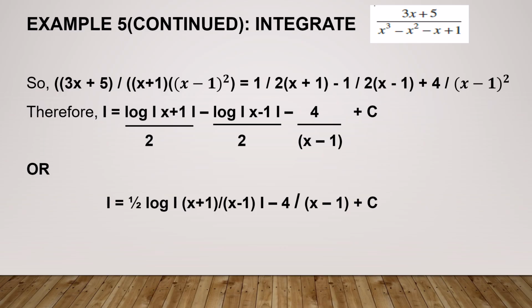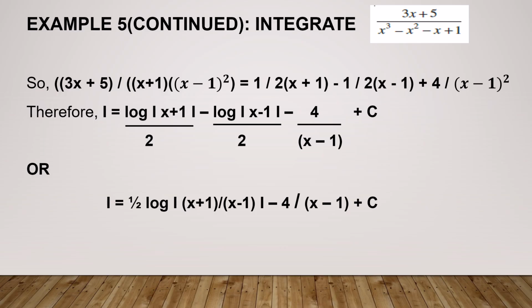will become 1 upon 2 into x plus 1 minus half into x minus 1 plus 4 upon x minus 1 whole square. So I will be equal to, first term the integral will be log mod x plus 1, so log mod x plus 1 upon 2. Second term log mod of x minus 1 upon 2. Third term it is x minus 1 whole square, so it is again of the type x raised to n. Integral is x raised to n plus 1 upon n plus 1.